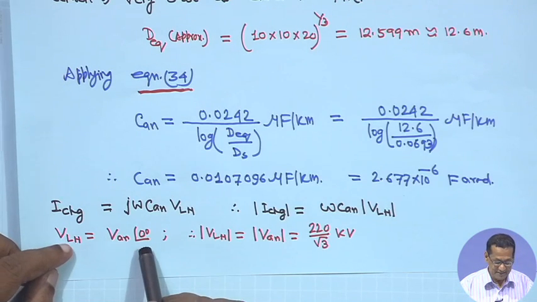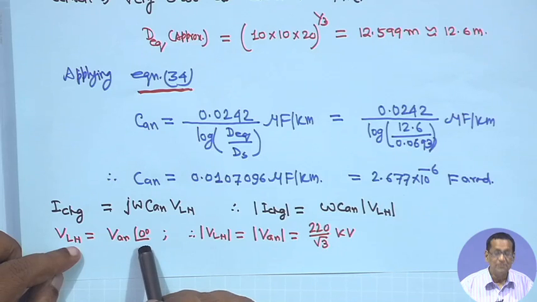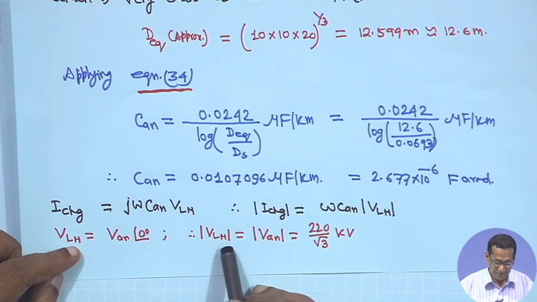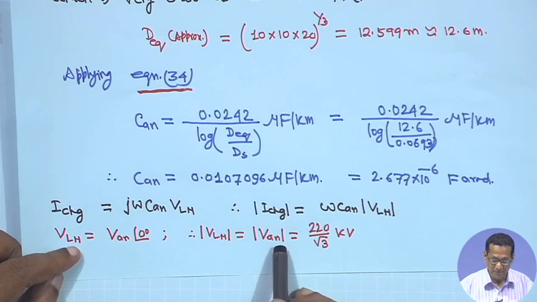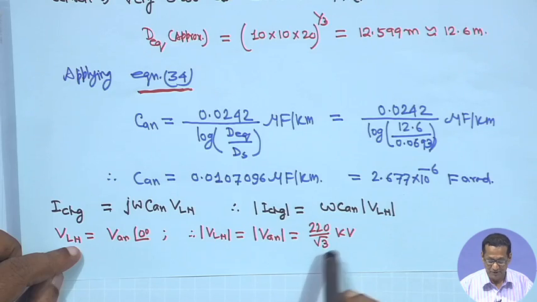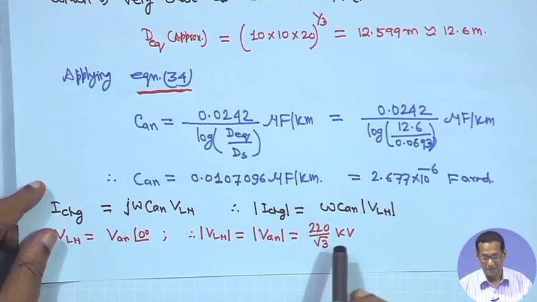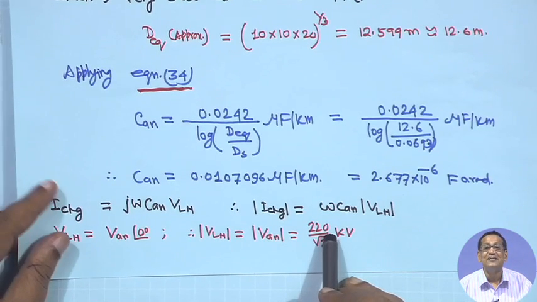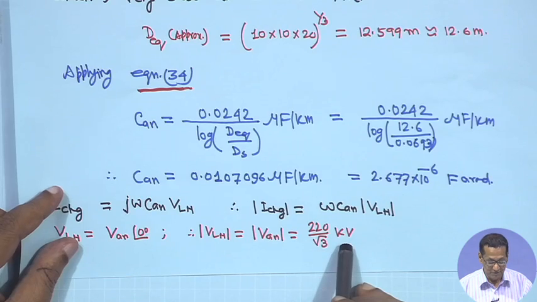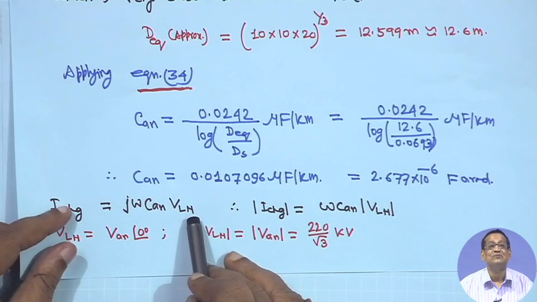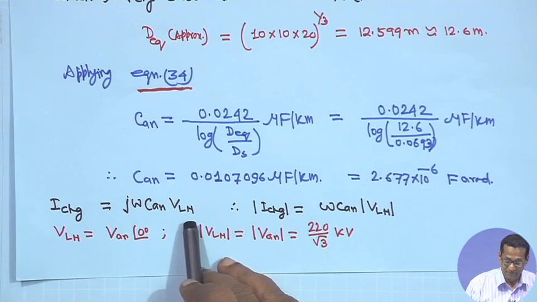If VAN is the reference phasor, then it will be VAN angle 0. Therefore, magnitude VLN is equal to 220 upon root 3 kilovolt, because line to line voltage was given as 220 kV, and you need line to neutral voltage.